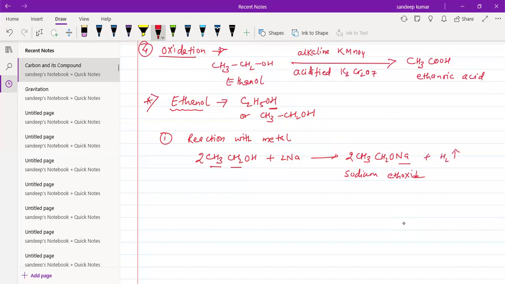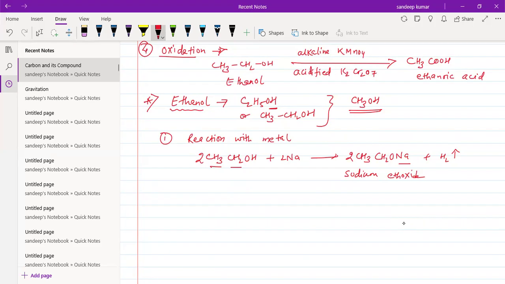You should know, children, ethanol is the second member of the alcohols. The first member is methanol, CH3OH. Methanol is highly poisonous. Methanol is mixed with ethanol to make it poisonous, to avoid its misuse. This process is called denaturation of ethanol.